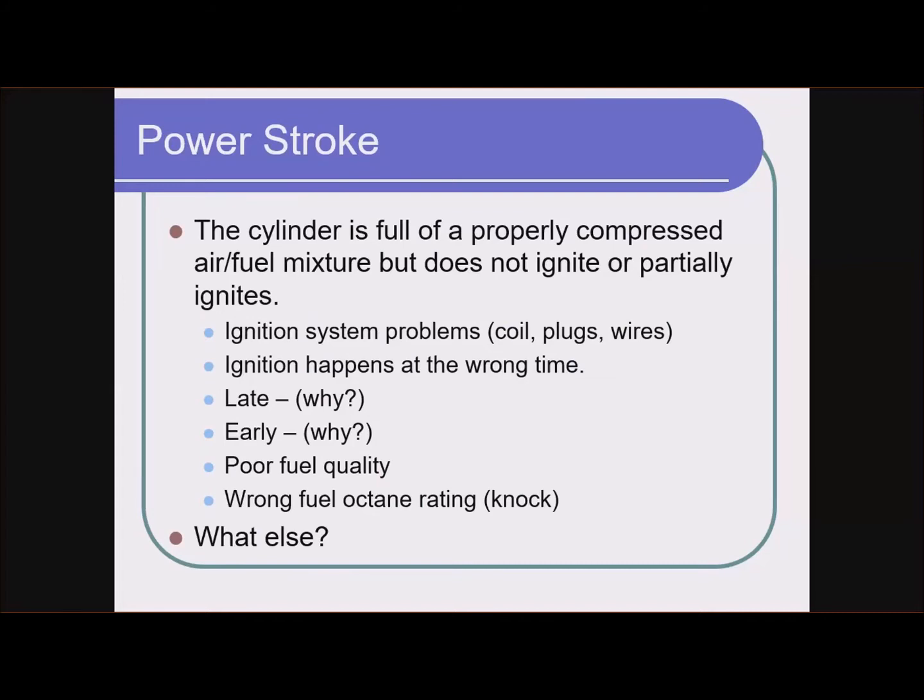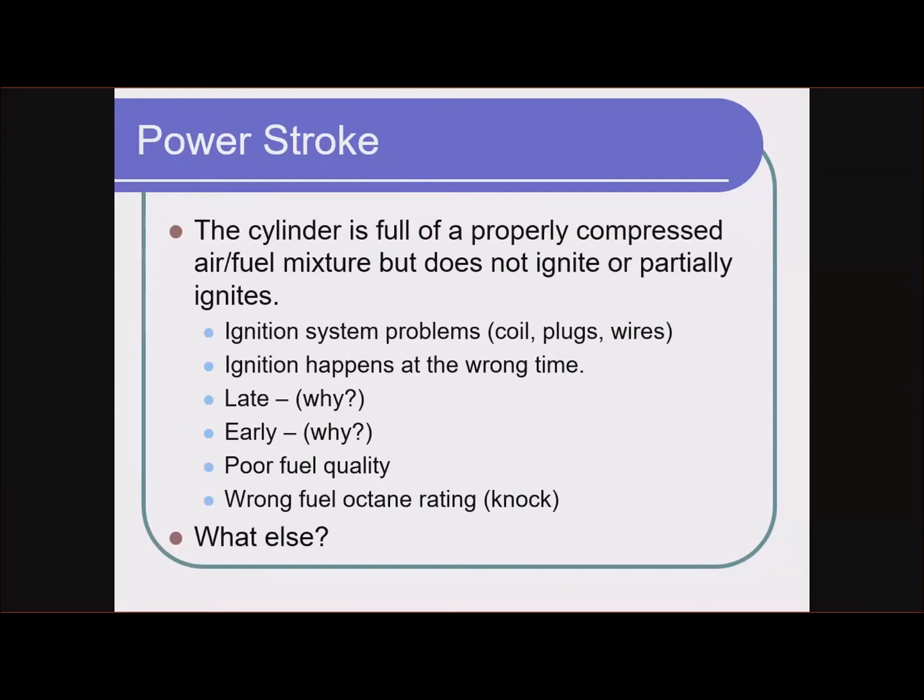Maybe the NOx sensor is giving some sort of false indication, or there's a NOx sensor code, so the ignition system won't advance the timing as much as it normally would. We could have the wrong fuel octane rating, so maybe we actually are knocking, and that's a bad problem on the power stroke.